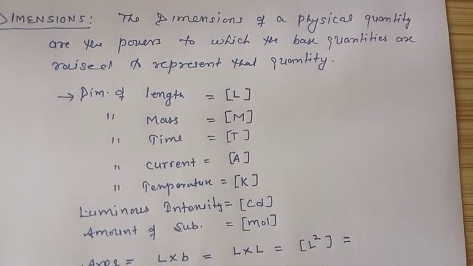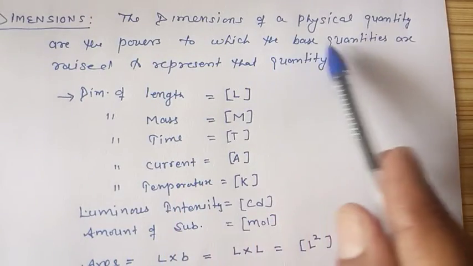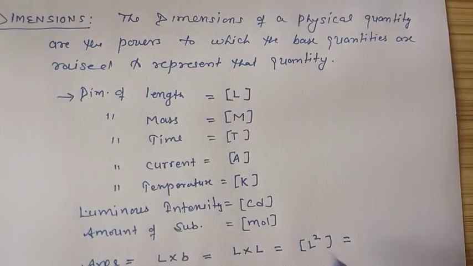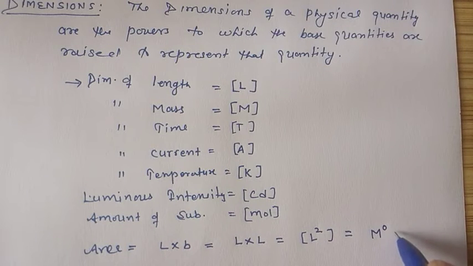So how do we define it? The dimensions of a physical quantity are the powers to which the base quantities are raised. Here the base quantity length is raised to power 2, and mass is 0 dimensionally, and time also has power 0.